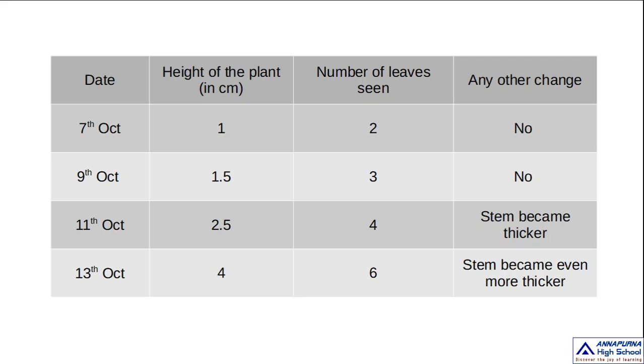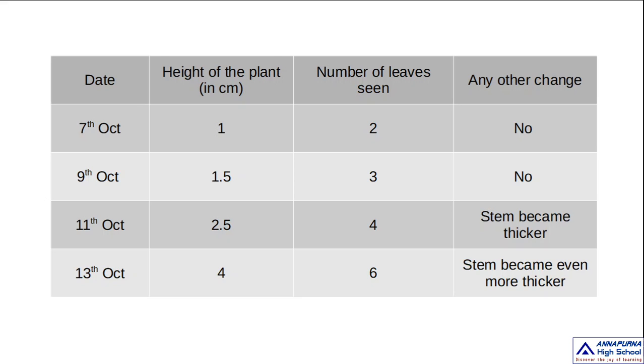So, what was the date? 7th October. What kind of change did you observe? Here the height of the plant increased. How much? 1 centimeter. How many leaves have you seen? 2 leaves. Is there any other change?